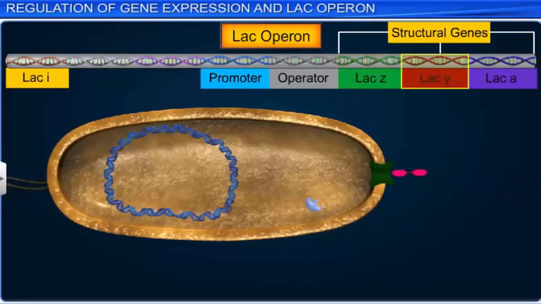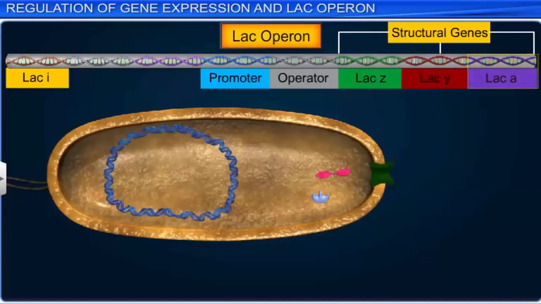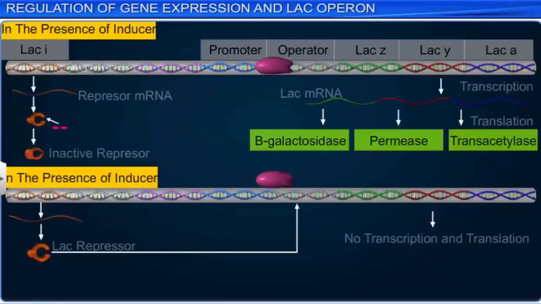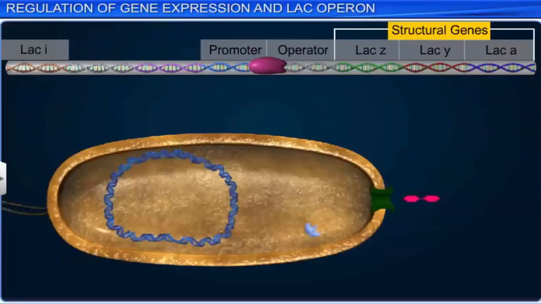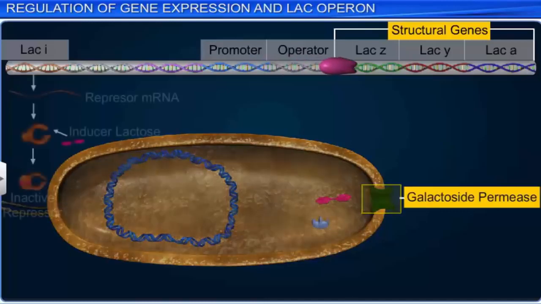The lac Y gene codes for permease, which increases the permeability of the cell to lactose, while the lac A gene codes for trans-acetylase, whose function is unknown. The switching on and off of the operon is controlled by lactose, which is hence the inducer. Since lactose needs a small amount of permease enzyme to enter the cell, a very low-level expression of the lac operon is continuously required.